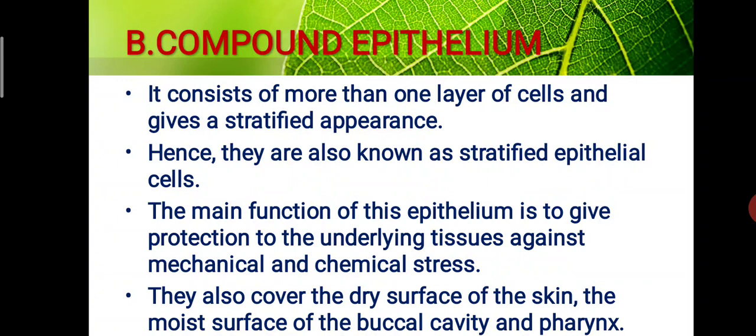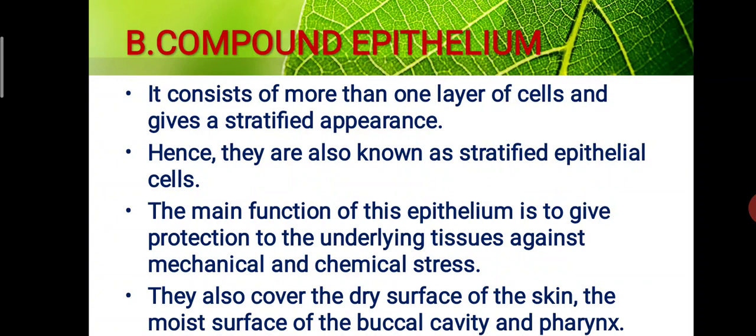It consists of more than one layer of cells and gives a stratified appearance. Stratified means the layers are close together. So compound means more than one layer, and those layers are very close together, hence they are also known as stratified epithelial cells.